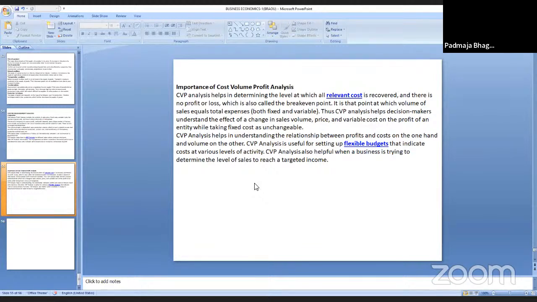Yeah, I'll send it, no problem. That's why I'm asking you to take it down. That is the difference in the relationship between average cost and marginal cost.